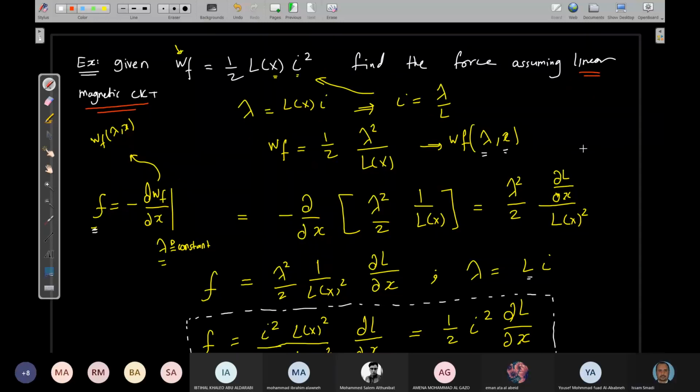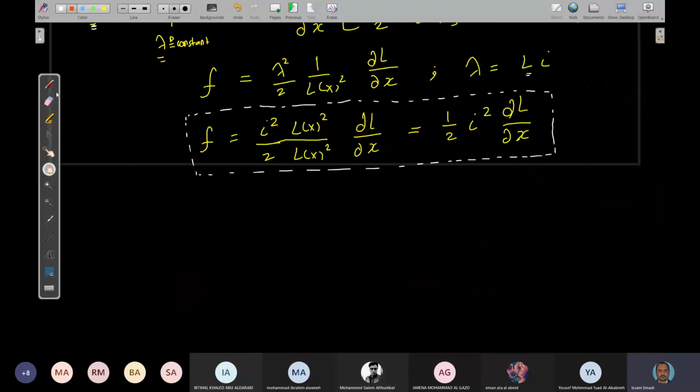So under this assumption, omega c is equal to omega f. So now I can say that according to the Coenergy, the force will equal partial omega c by partial x when the current is constant. Correct?